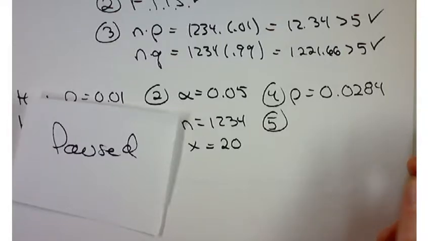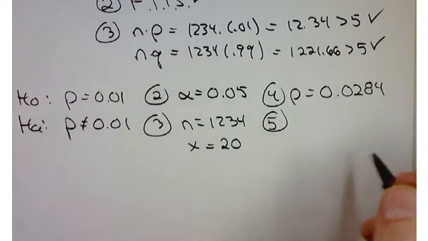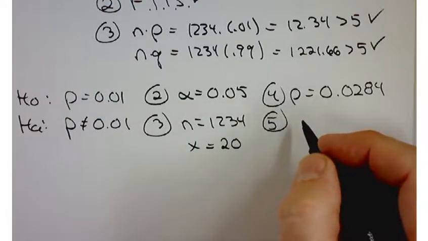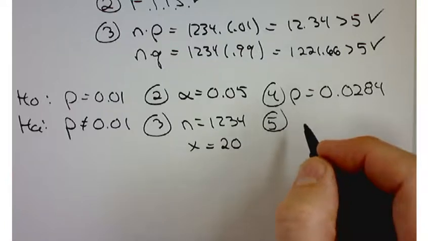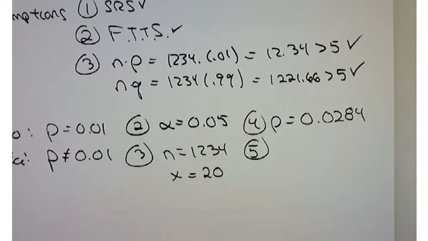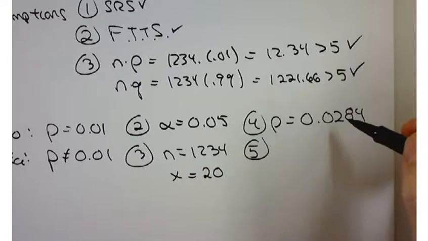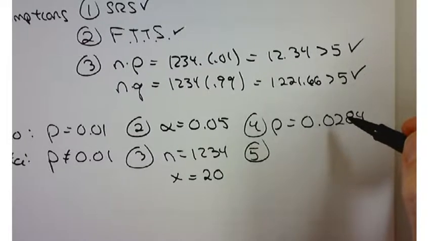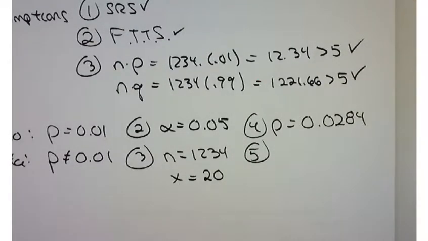William, what do you think? Reject H naught or fail to reject H naught? Which one? You've got a 50-50 shot. Give it a shot. Fail? Do we agree? Fail to reject H naught? I'm not seeing anyone rushing to your defense. I'm sorry.